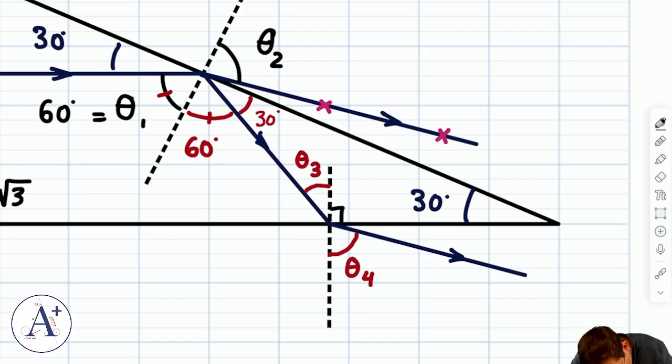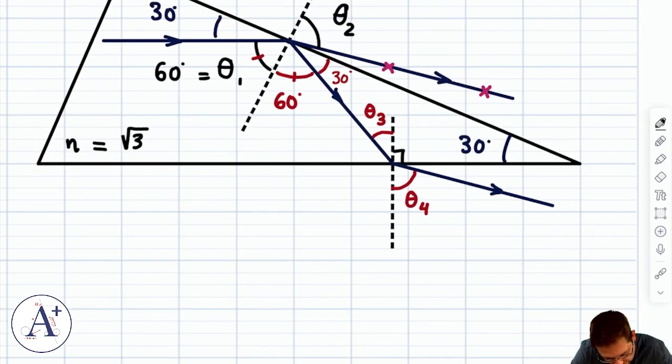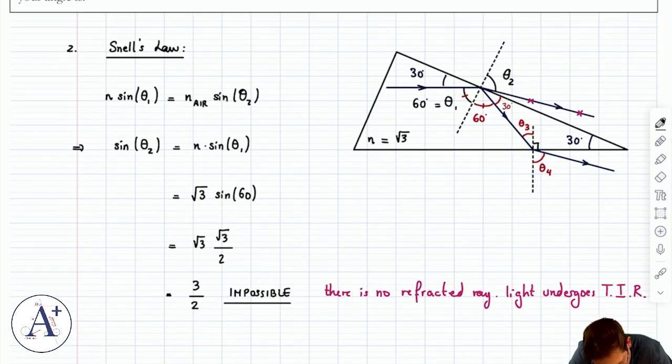Okay, so this is 90 degrees because this is the normal, which means that if we look at this triangle in particular, the sum of the angles in this triangle is 180. So it's going to be 30 plus 30 plus 90 plus theta 3 is equal to 180.